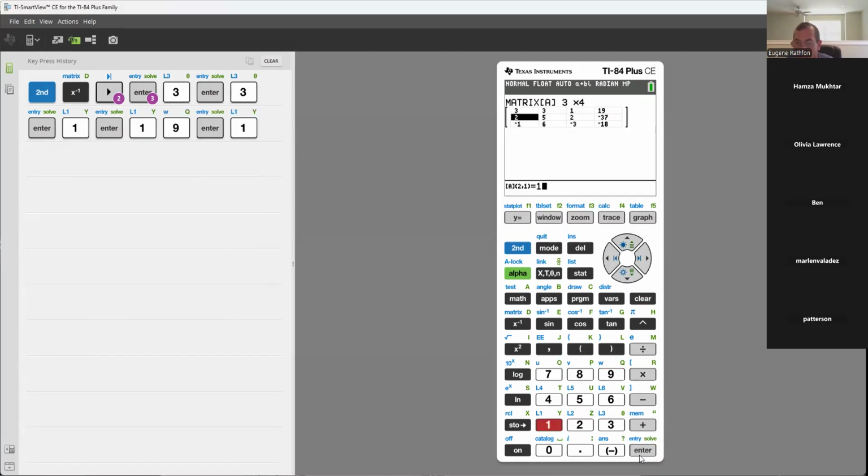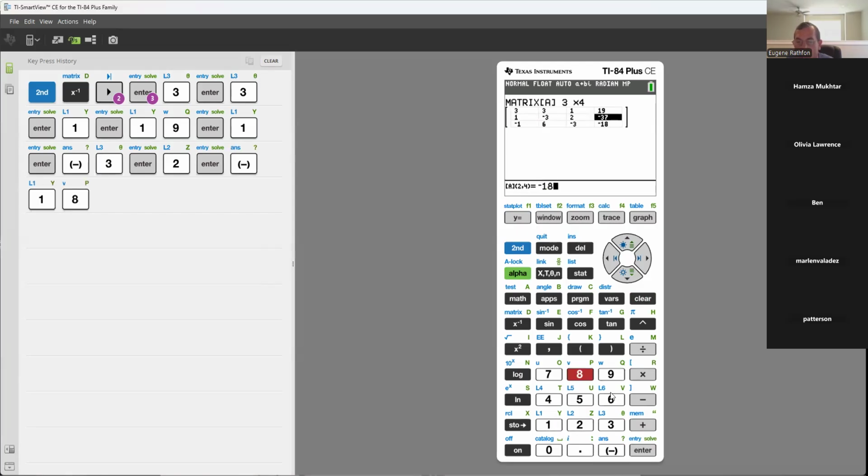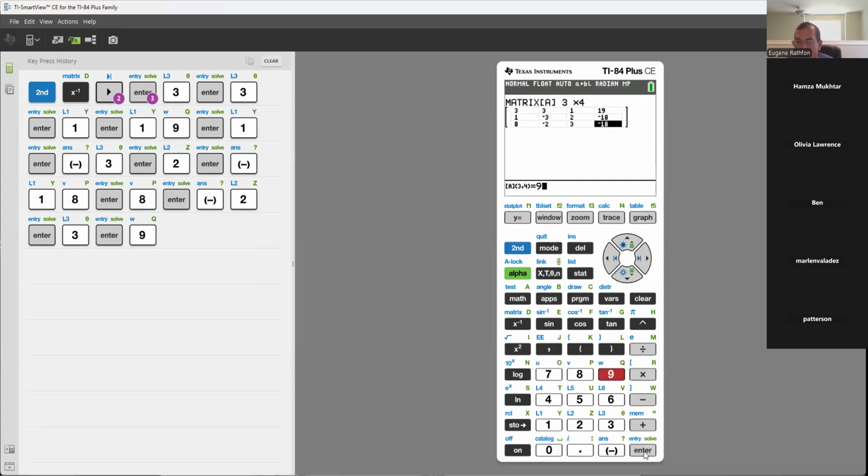I had 1x minus 3y plus 2z equal to negative 18. And then I had 8x, negative 2y, 3z equaled 9, enter. So all my numbers are in, so you would hit second mode to quit.